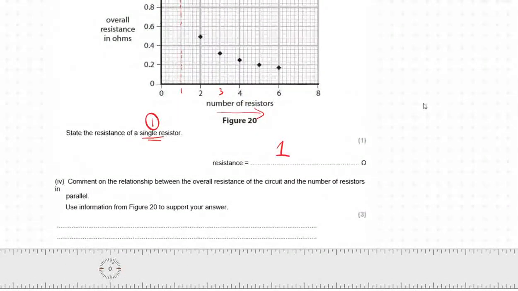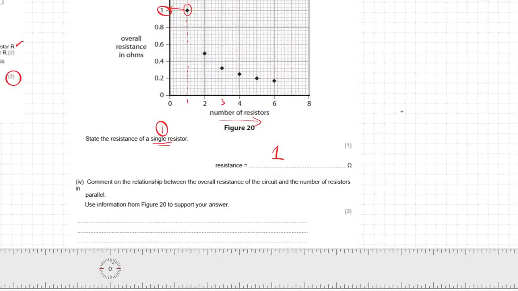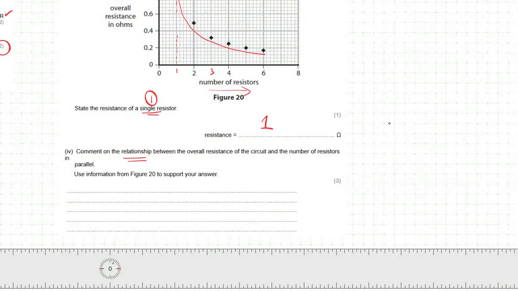Now, comment on the relationship between the y-axis and the x-axis. Now I can see that the line is going down. If you remember, there's 3 marks. Normally you get 2 marks for saying the relationship. What is this relationship? It's clearly going down.